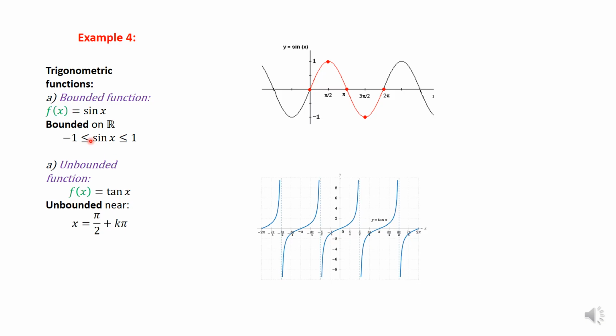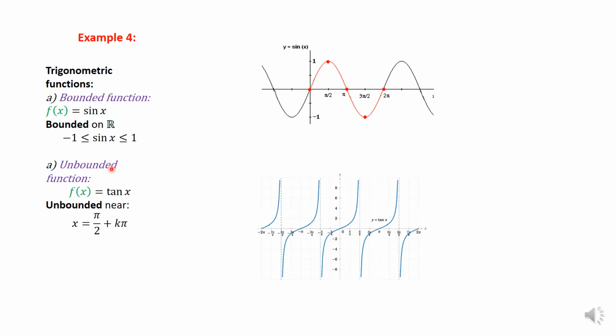Therefore, we say that sine x is bounded on R. If we look at its graph, we can clearly see the behavior. The curve keeps repeating itself, as you can see, but never goes beyond 1 or below -1. So sine x is bounded between -1 and 1, bounded below and bounded above.